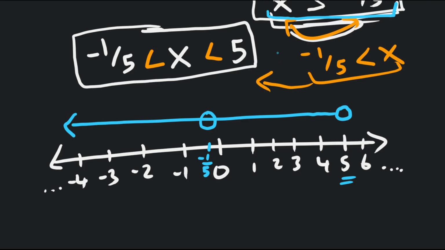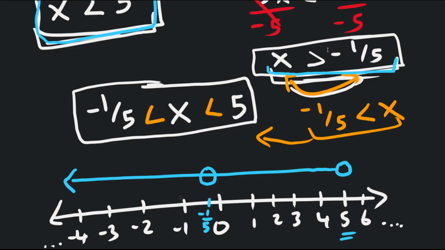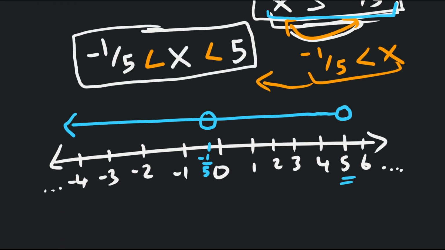X is greater than negative 1/5 is what we said. What side is greater than? Well, it's this way. Let me actually change the position of this circle. We'll put the open circle just right above here.